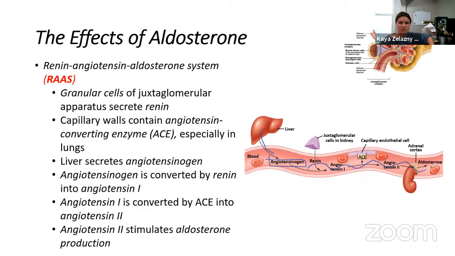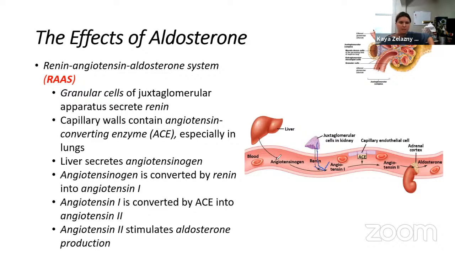Other things that we have happening all the time is that in the walls of the capillary endothelial cells, we have these ACE proteins. So ACE stands for angiotensin converting enzyme. So they're stuck in the endothelial cells, but they're going to need the help of angiotensin 1 to convert the angiotensin 1 to angiotensin 2. Okay. So renin got secreted.